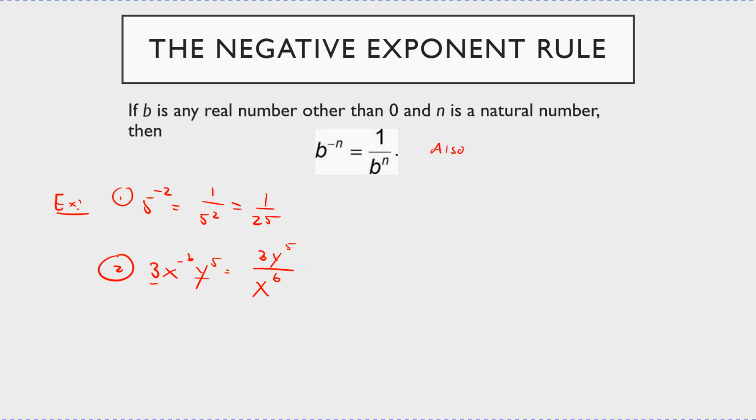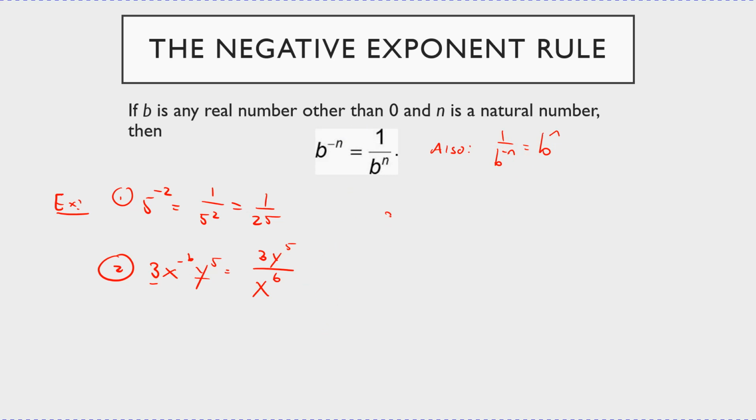There's also an extension to this rule. It's if you have a negative exponent in the denominator. Here we just had b to the negative n. Well, what if you have 1 over b to the negative n? You can make this exponent positive by bringing it up. So this is an equivalent statement to this one here.